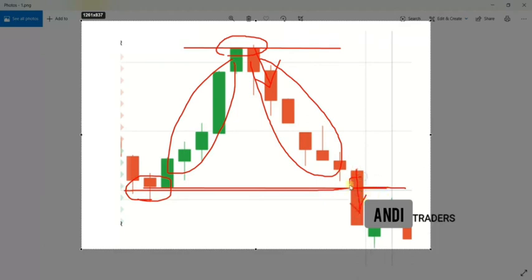So if you see any weakness in the sellers, you can expect a reversal. But if you see there is still a strong candle closing at the level, you can expect a breakout, and the next candle will break the level.